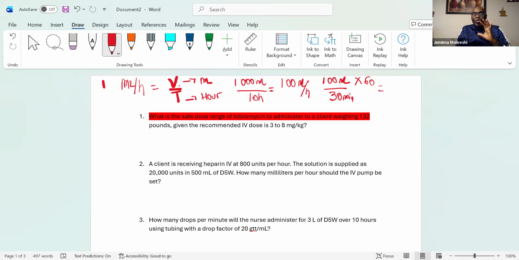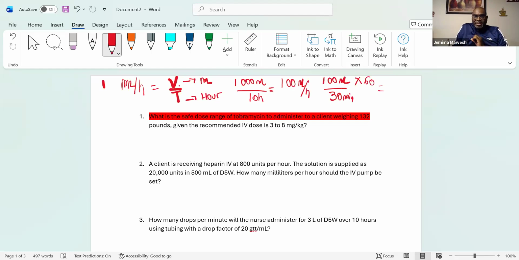If I have 100 over 30, and I divide this 30 by 60 and put the 60 under the 30, you're going to find yourself in a situation of a whole number divided by a fraction. We keep the whole number intact, change the division to multiplication, and flip that fraction. Whenever we flip 30 over 60, the 60 goes on top and the 30 goes on the bottom. So anytime you're infusing something over 30 minutes, multiply the volume by 60 and divide by whatever minutes it was.